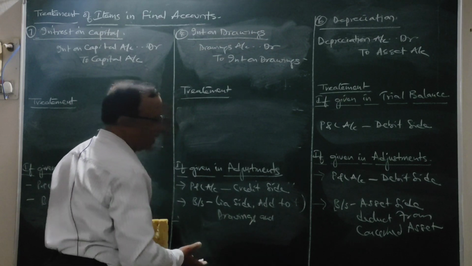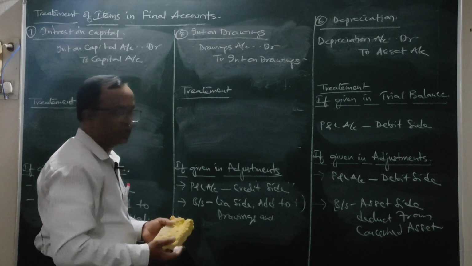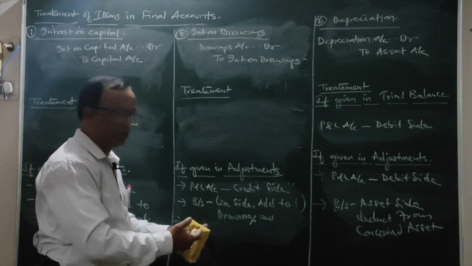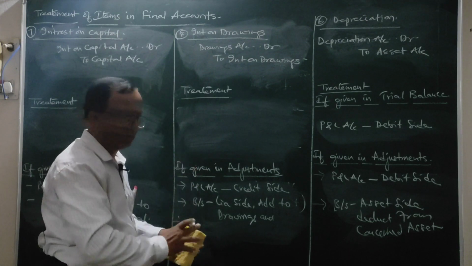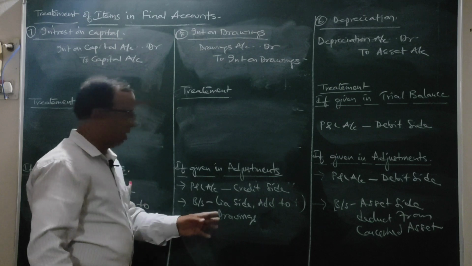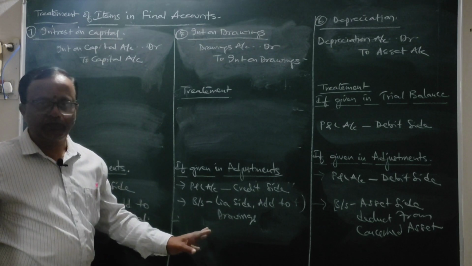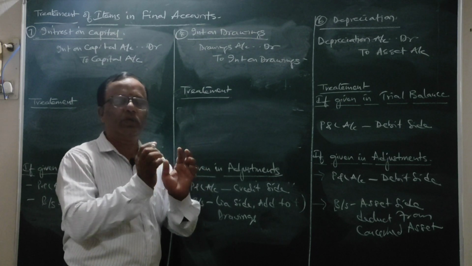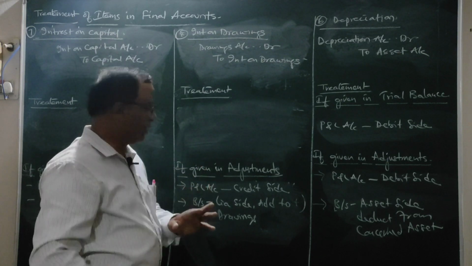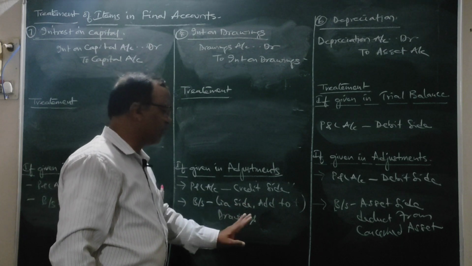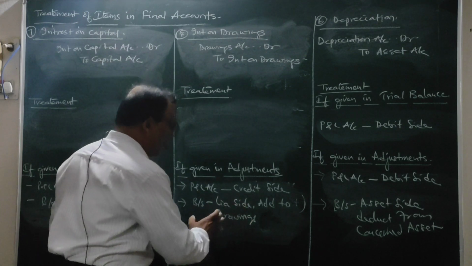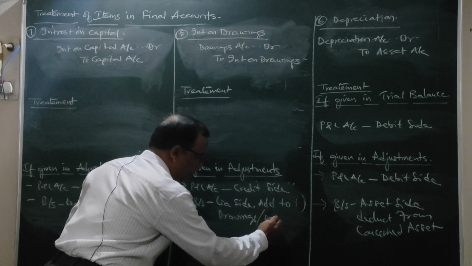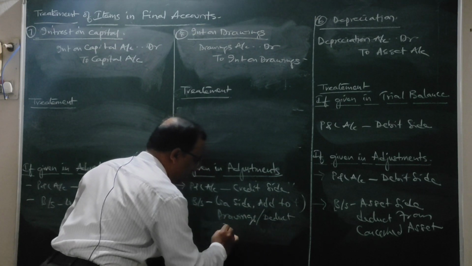Drawings are deducted from the capital, so you will add to the drawings and ultimately deduct it from the capital. After adding this interest on drawings, the total amount will be deducted from the capital. So on the balance sheet liability side, I will write add to drawings, or you can say deduct from capital.